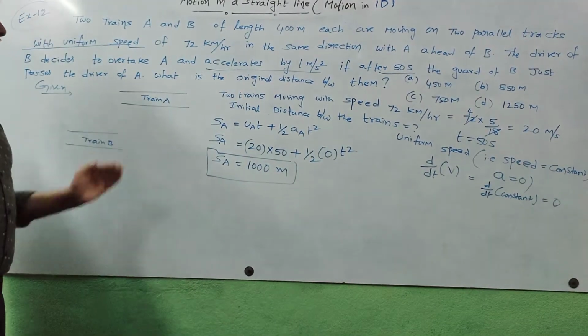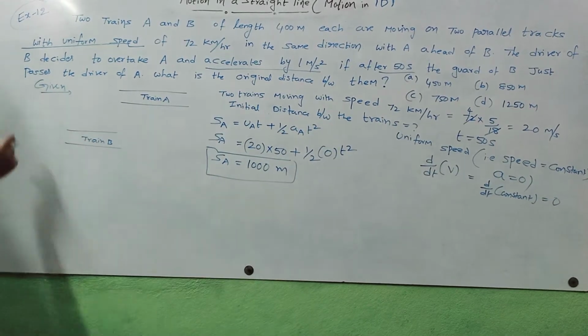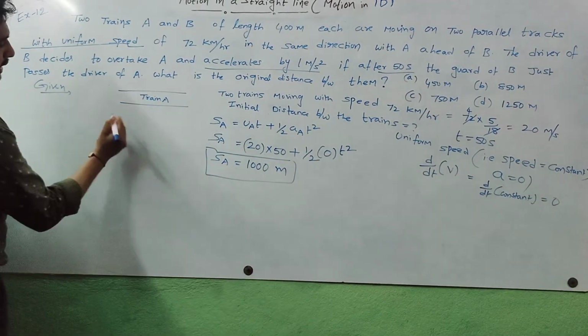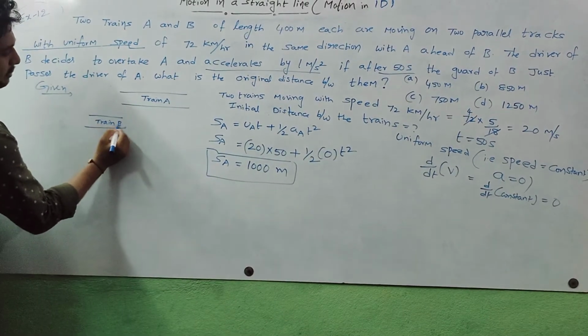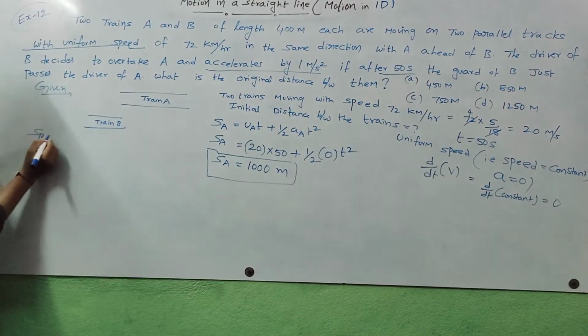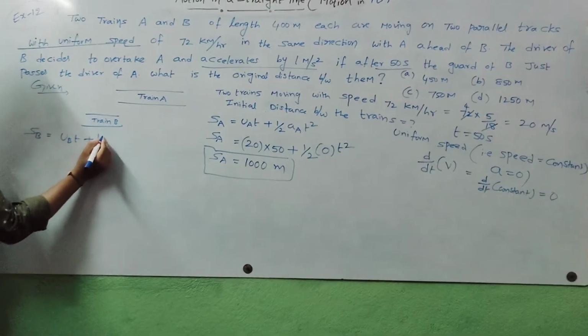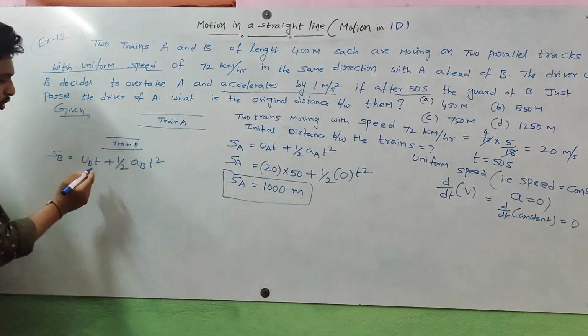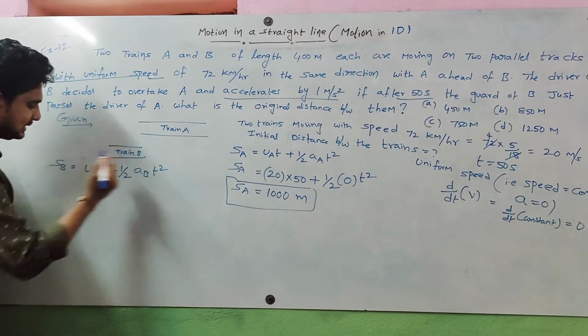Next, the distance traveled by train B. We need to find this here. This is train B. SB is equal to UB into T plus half AB T square.